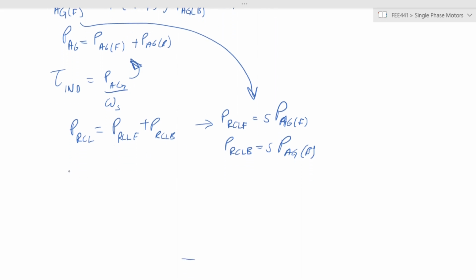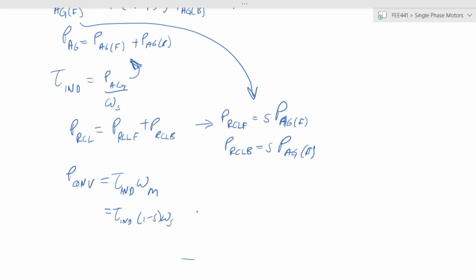And finally, converted power, you can guess that this will also be in forward and backward directions. It is induced torque times the mechanical speed, which is also equal to induced torque times 1 minus s of the synchronous speed.